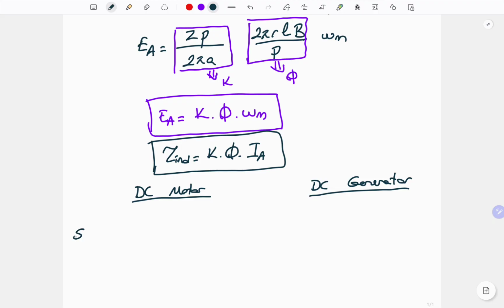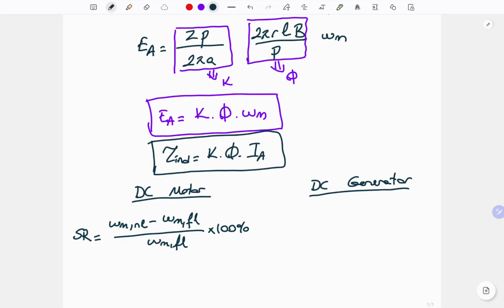So the speed regulation can be obtained with the no load speed and full load speed difference divided by full load speed. As a percentage, we can calculate this value. So theoretically, there is no problem with this expression. In the numerator part, we have a difference between no load and the full load speeds.